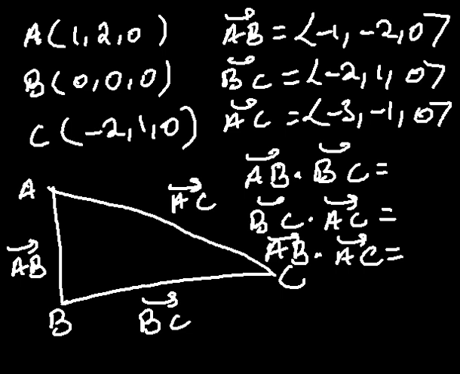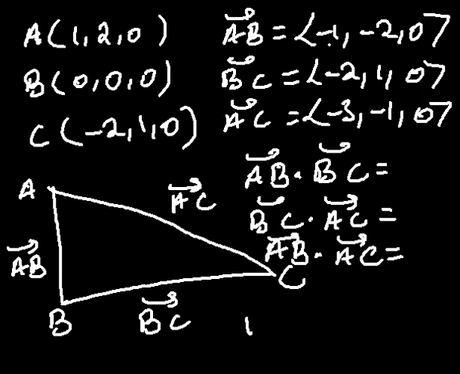Let's have the dot product between vector AB and BC. What would that be like? Negative 1 times negative 2, we have a positive 2.